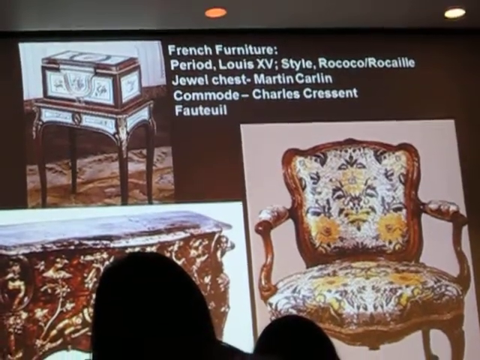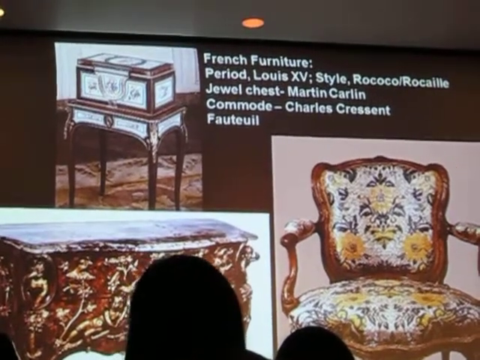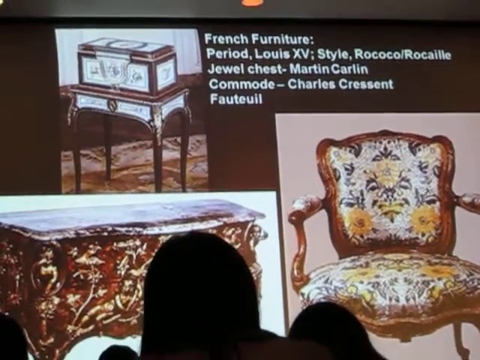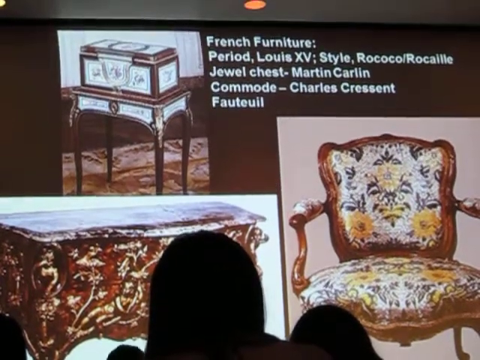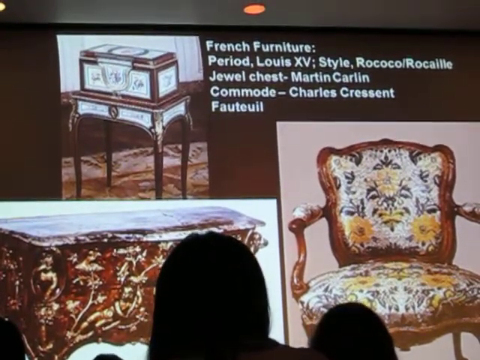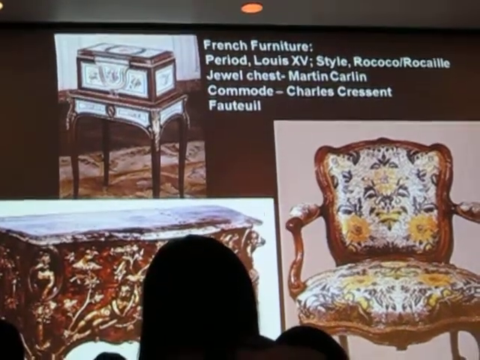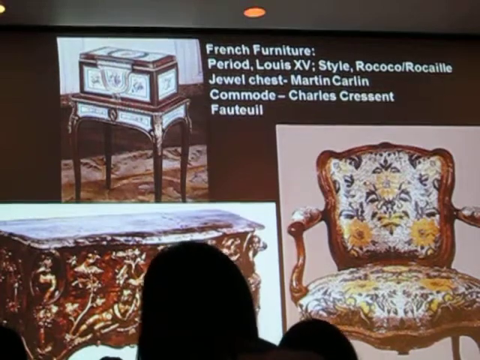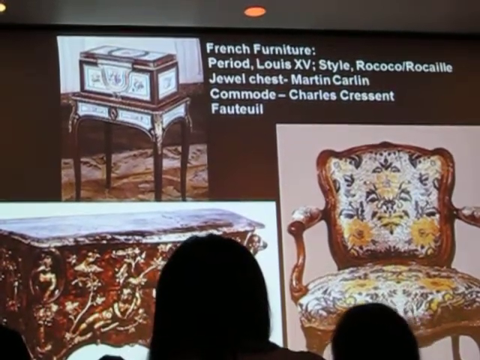Régence. Rococo is curves, it is motifs from nature, which is organic motifs. It is asymmetrical. The motifs from nature being flowers, leaves, vines, fantastic things, waves, flames, shells.